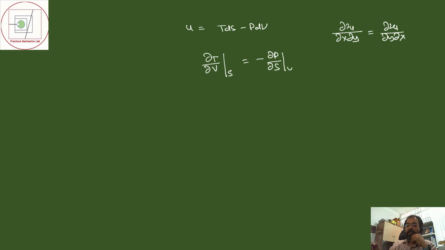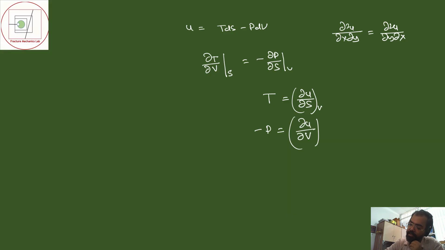So how are we getting this? We are getting this by double differentiating the u function. At constant volume, T is equal to del u by del S, and minus P is equal to del u by del V at constant entropy.